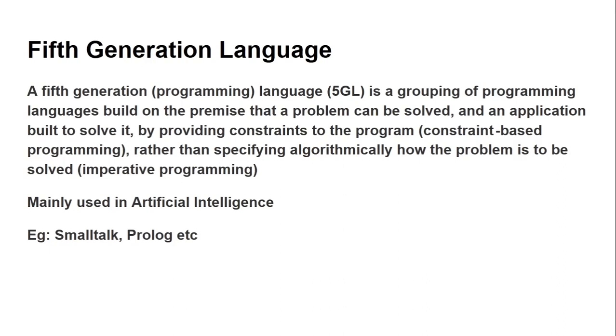This is known as constraint based programming. We give certain constraints, we give the problem, and that software should be able to produce lines of code which will solve our problem. This is mainly used in artificial intelligence.